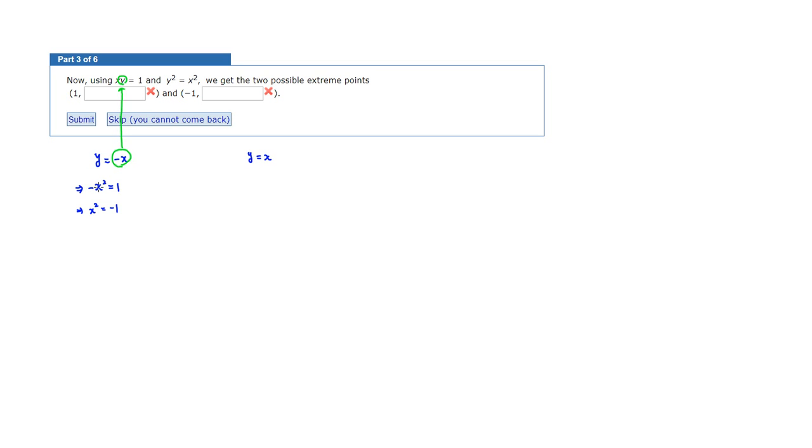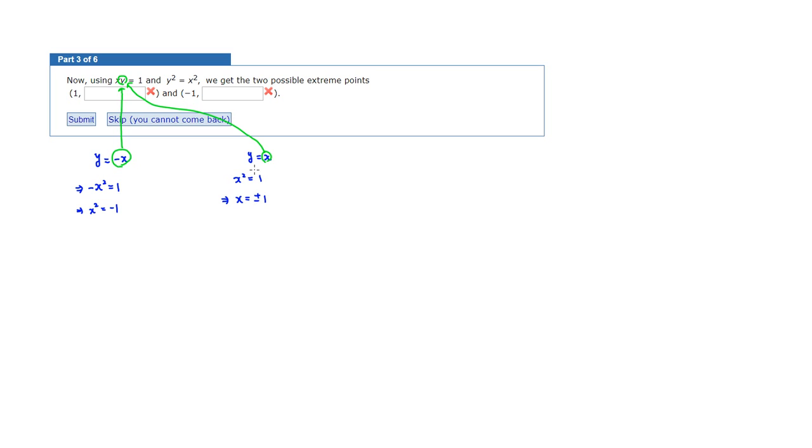So we don't get anything from there. Let's do the other case, y equals x. If you plug this in, just like before, we get x squared is equal to 1. So this is going to give us x is equal to plus or minus 1.